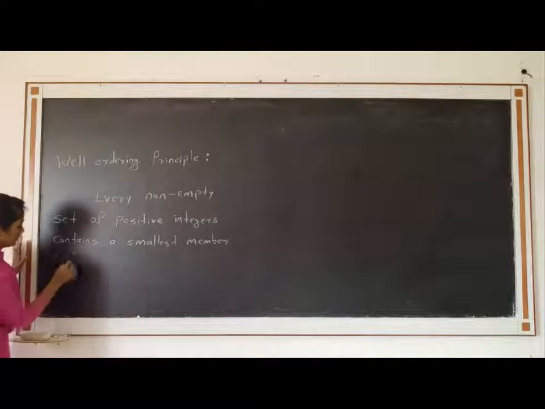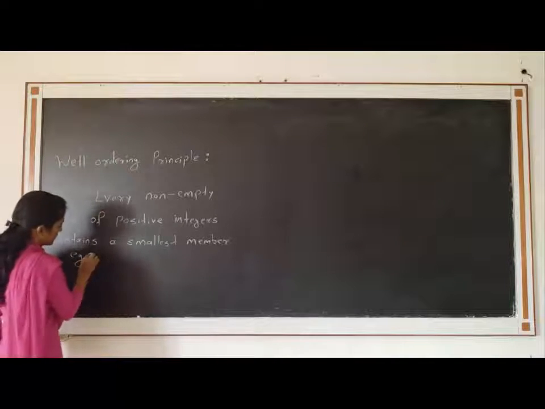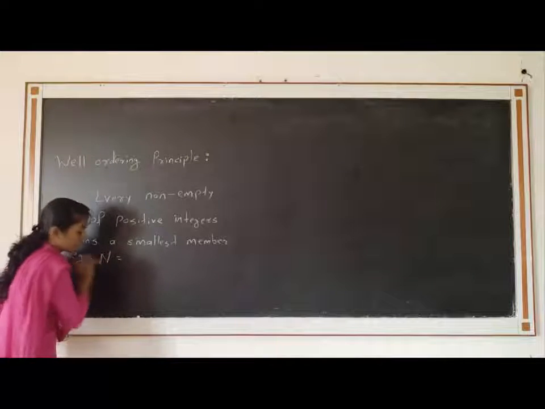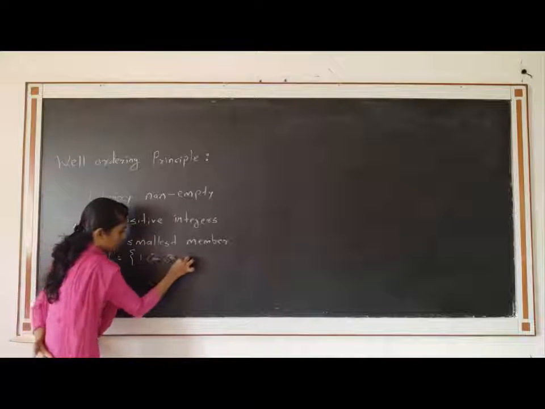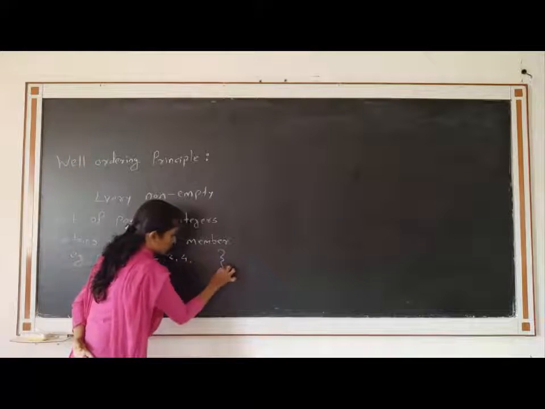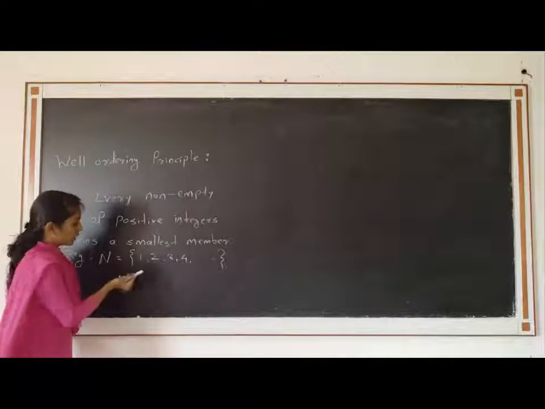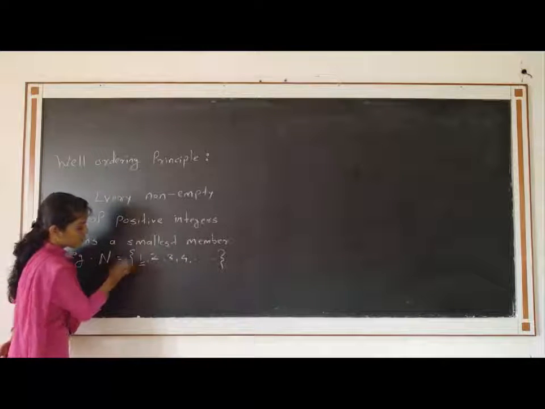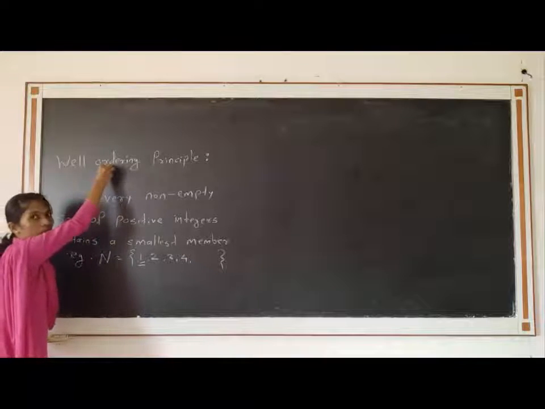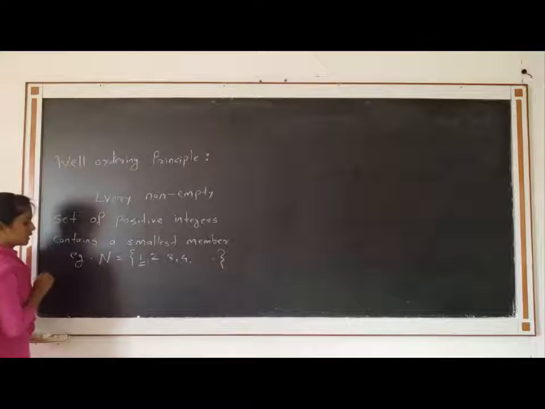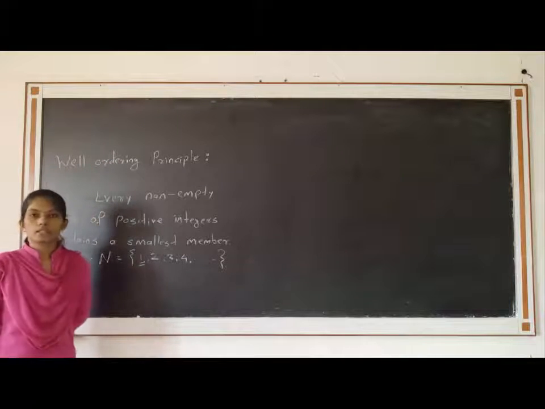For example, set of natural numbers 1, 2, 3, 4 and so on. So here smallest member is 1. Okay. So this is the example of well ordering principle. Now this is an infinite set.